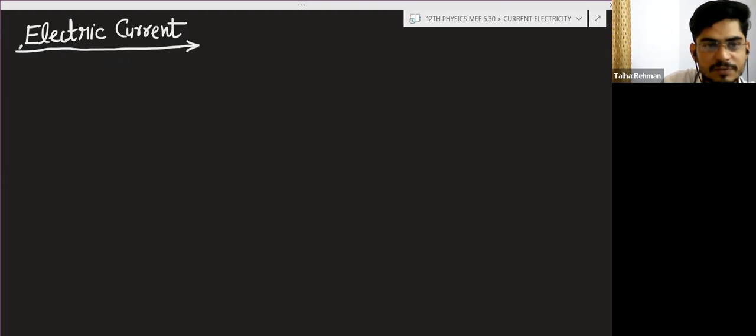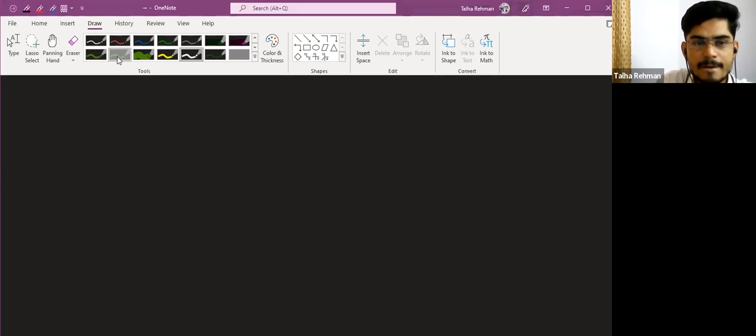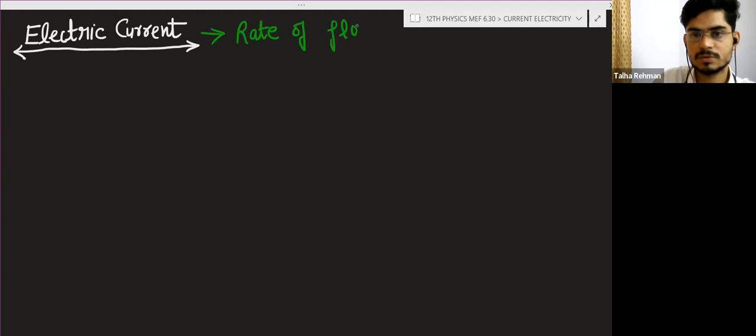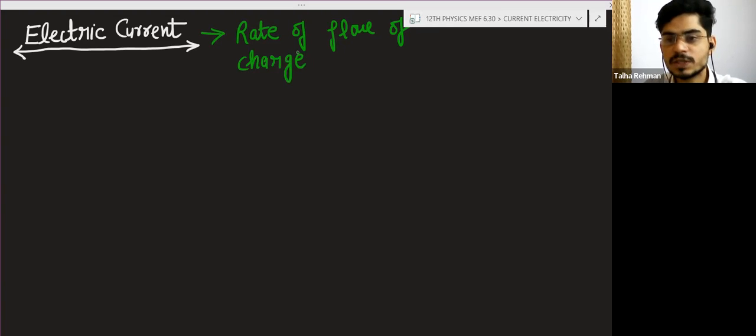The definition of electric current, simple definition, you can say rate of flow of charge. Rate of flow of charge means charge flown divided by time, means charge flowing per unit time.